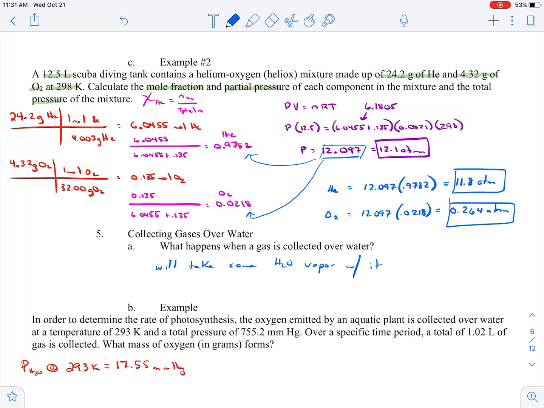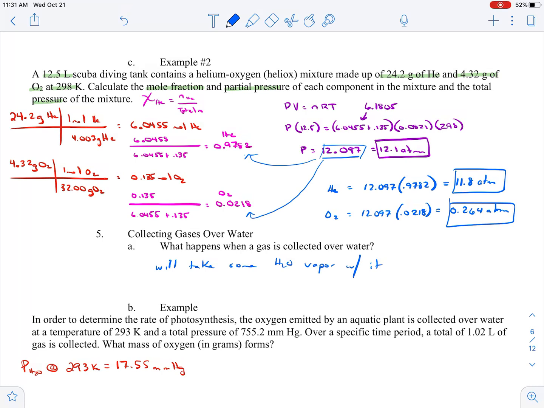All right, causing the pressure to be slightly higher than it should be because it now has water vapor in it and not just solely the gas we are collecting. But water is a really good one to use because it has a really low vapor pressure because of those intermolecular forces.